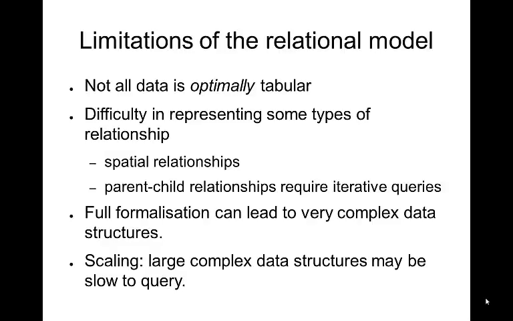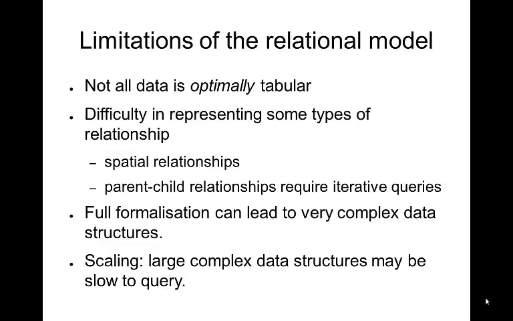Full formalization in the relational model, full normalization, and we'll get to normalization in due course, can lead to very complex data structures. So sometimes you may not want to follow the instructions fully for creating a fully formalized, normalized relational model. We're going to get into what this means in detail, but there's a theoretical way of arranging your data to optimize the relational model.